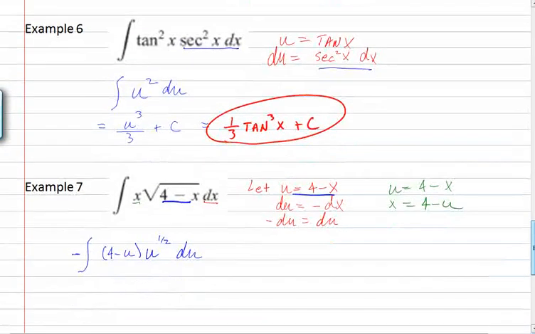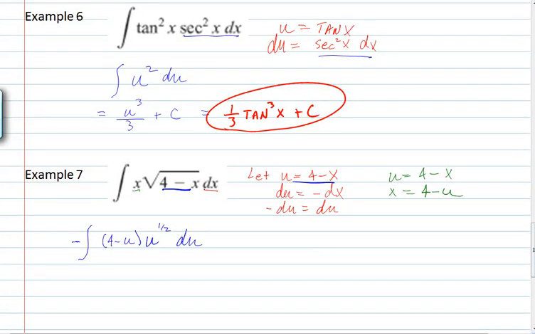Okay. All right? So, to simplify this integrand algebraically, we're allowed to distribute that, aren't we? So this becomes negative integral of 4u to the 1/2 minus u to the 3/2 du. You see what we did? We just distributed that u to the 1/2. And we've simplified this because remember, integration distributes across addition and subtraction.